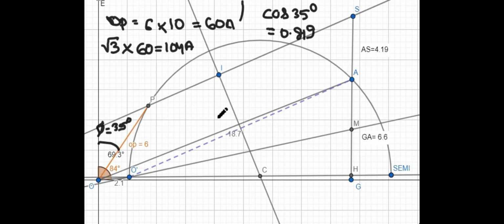Now we have to find the value of maximum torque. This is your torque line, and this is your output line.